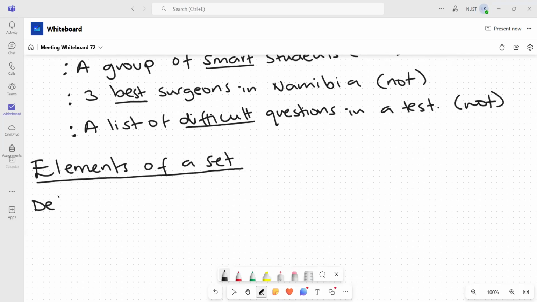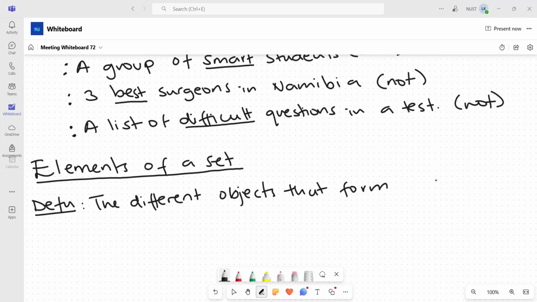Our definition of the elements of the set: we say that the different objects that form a set are called elements.